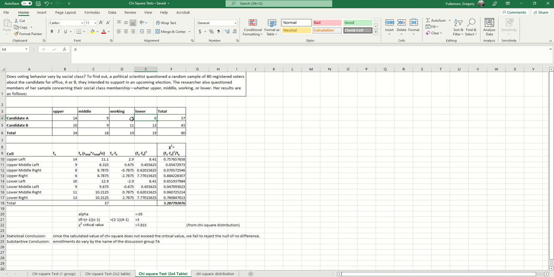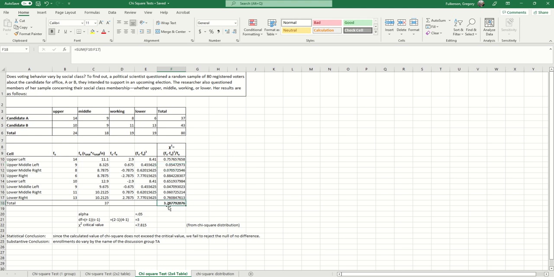Okay, so same as before, all the observed are here. And again, the expected are from the row and column totals being multiplied and divided by sample size. We're doing that for each row here. Again, calculating the deviation, calculating the squared deviation, and then looking at the squared deviations relative to the expected frequencies in this column to help us calculate our chi-square, and then the sum of all those columns.